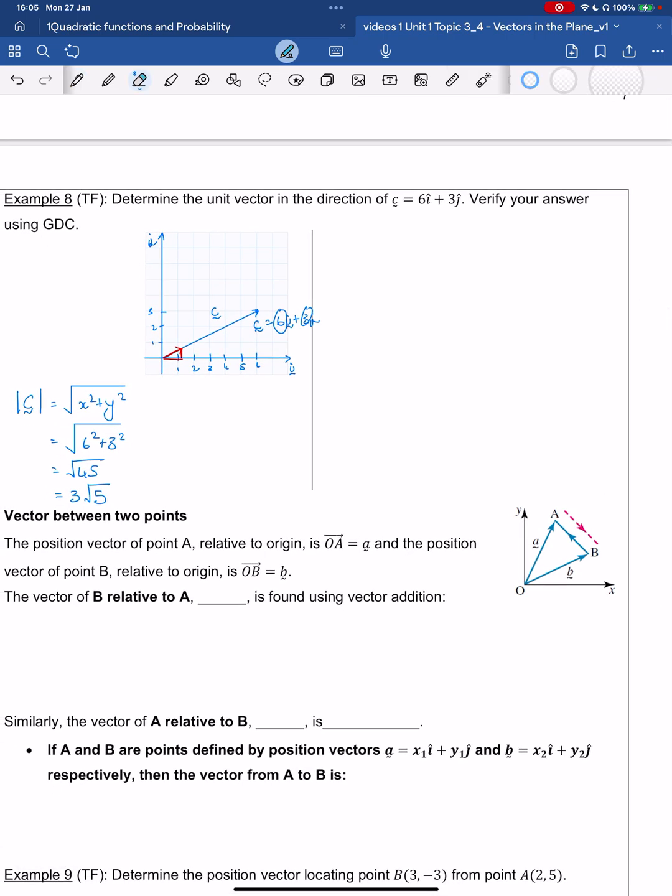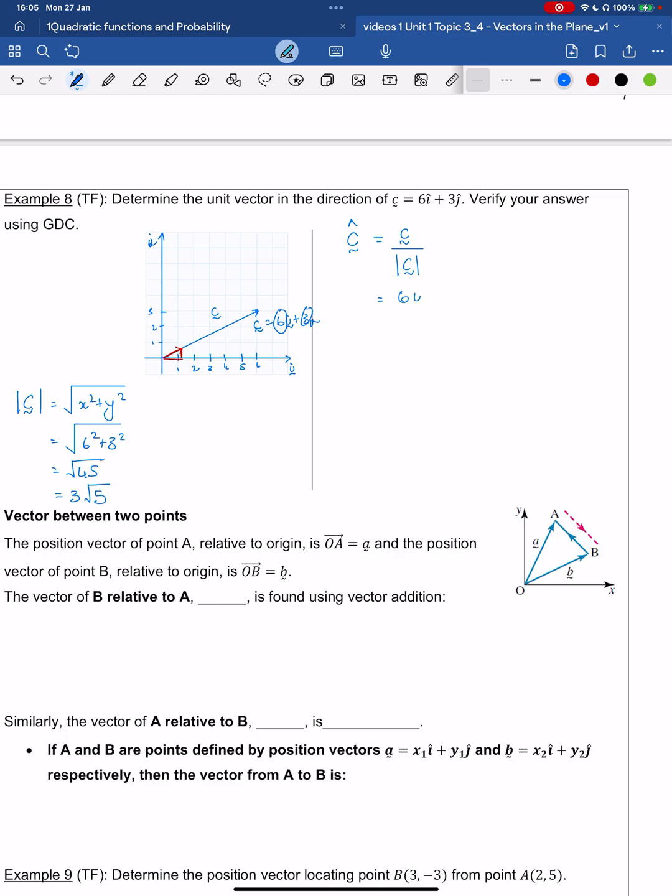Okay, now there's a definition. You need to know it. It looks like this. The sign for a unit vector is this vector c with a little hat on it, which means that it is the unit vector. And we find that by taking our vector c that we've been given in component form and dividing it by the magnitude of that vector.